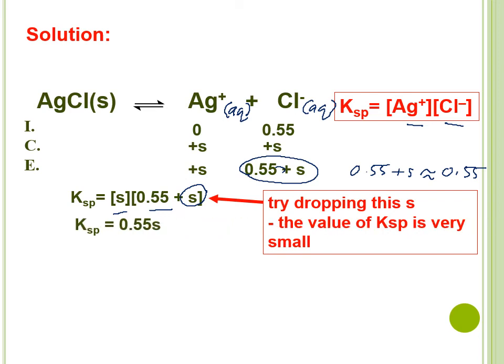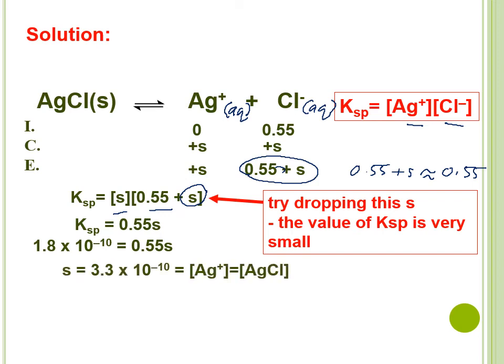Now it becomes Ksp equals 0.55 times S. Insert Ksp, 1.8 times 10 to the power negative 10. It is 0.55 S. So what is S? S is 3.3 times 10 to the power of negative 10.